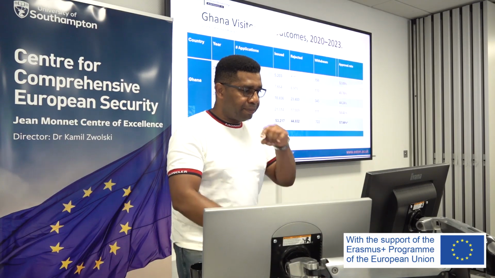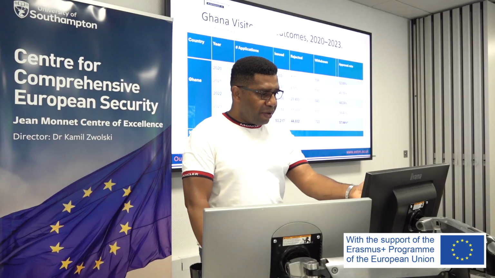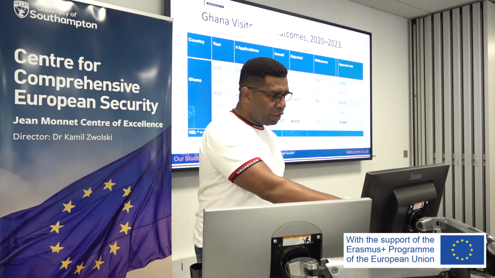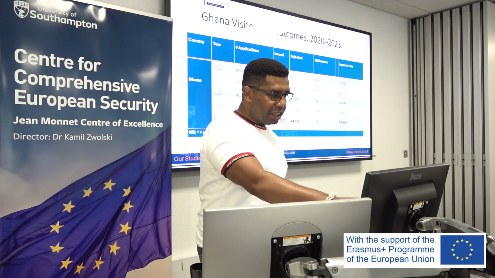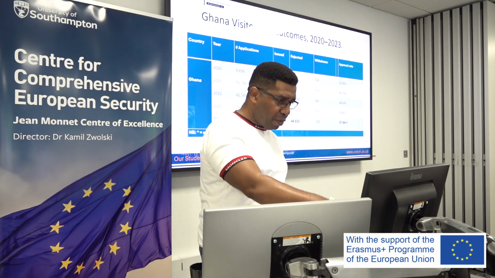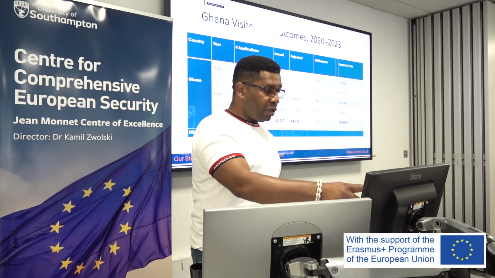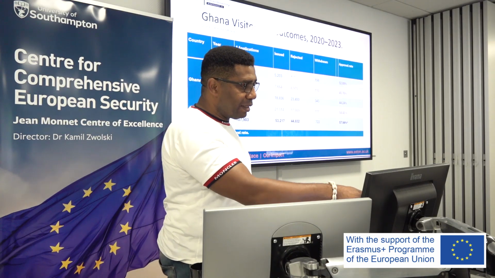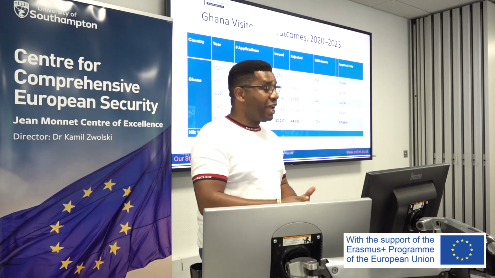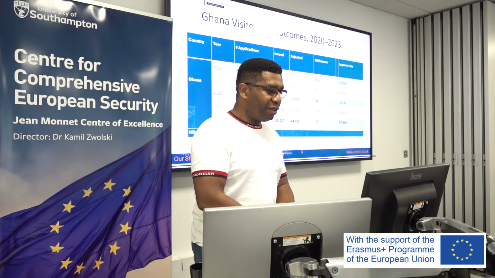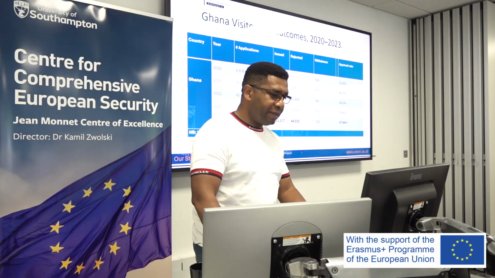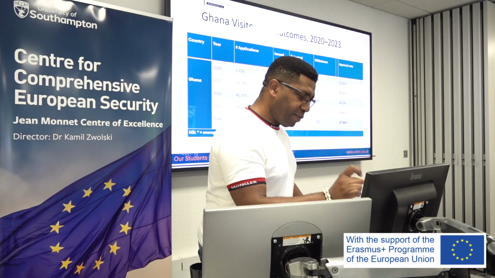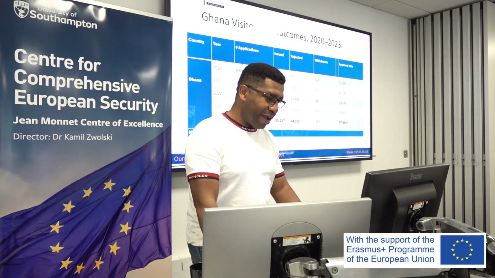So this is Ghana. If you have a look, you will see that between 2022 and 2023, the number of visa rejections was higher than those that were issued. In total, over 100,000 applications were made. They issued only about 54,000.